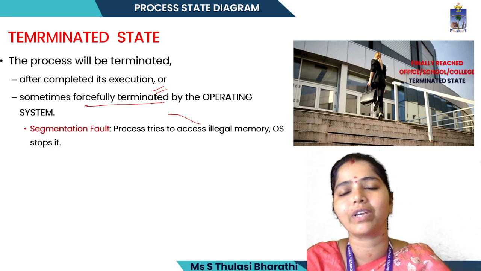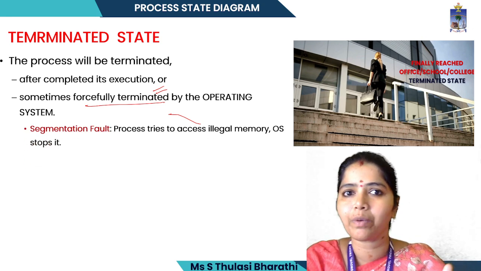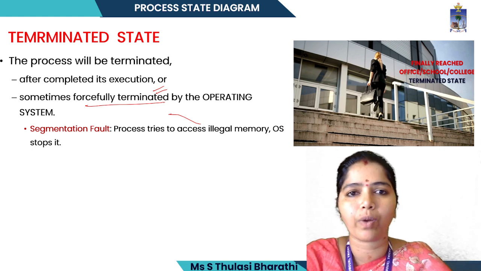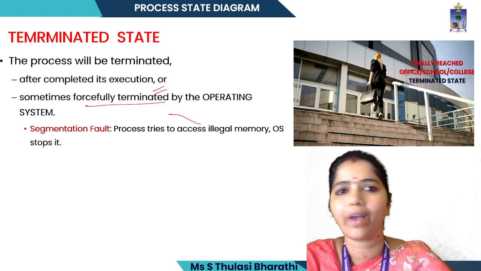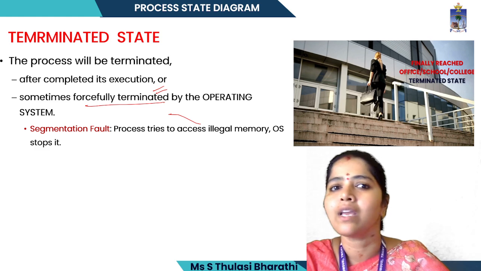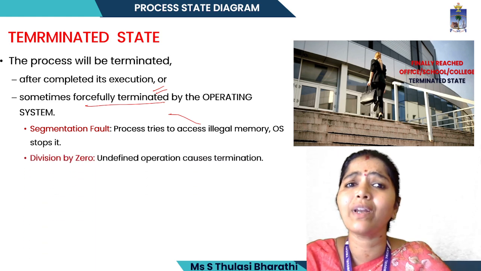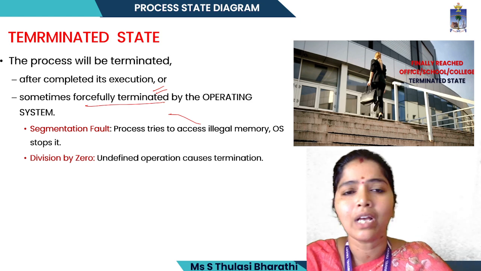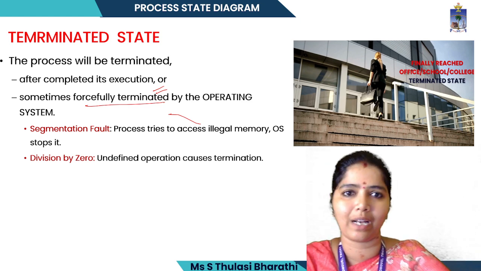When can a process be forcefully terminated? These are the scenarios. Whenever a segmentation fault occurs, that is, whenever a process accesses illegal memory, the OS will abruptly terminate the process. Next is division by zero: whenever an undefined operation is done, the process will be terminated abruptly.